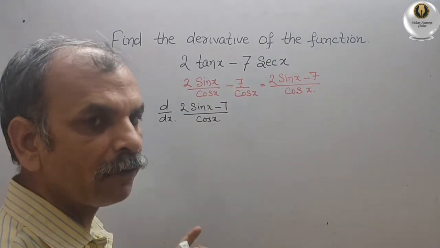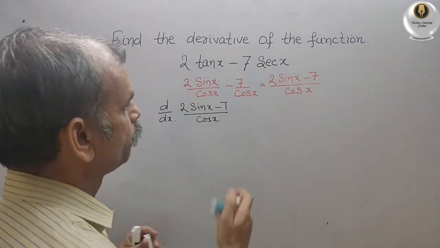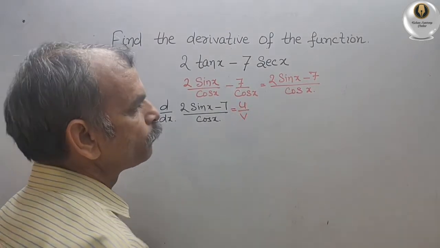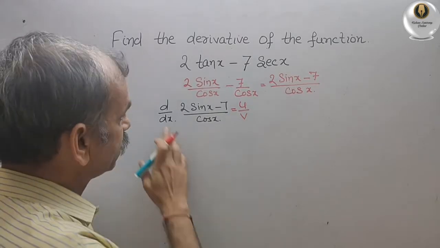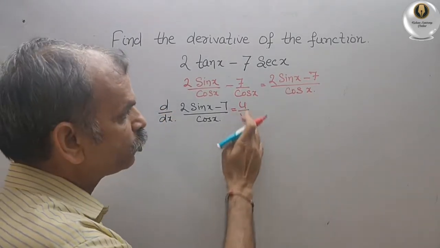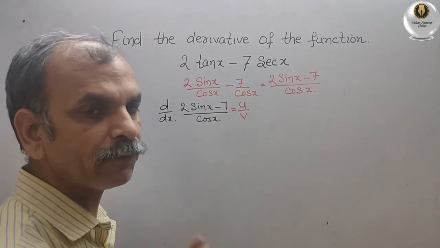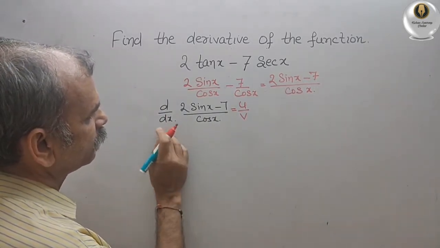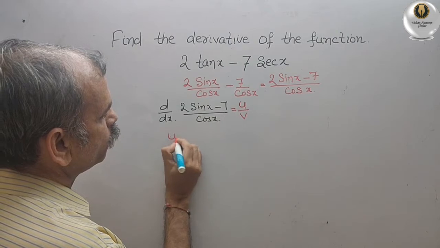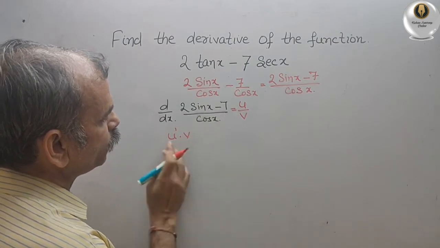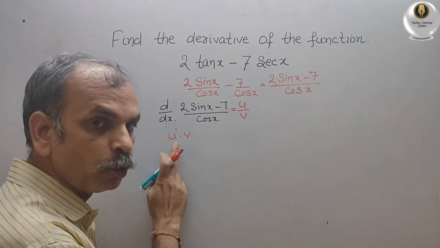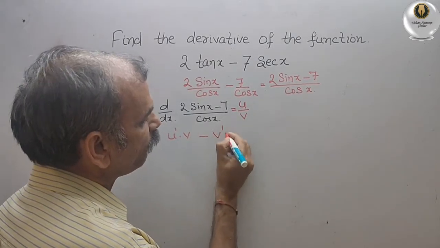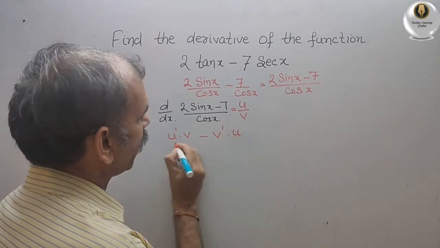We will assume our numerator as u and denominator as v. We know the derivative of u by v, we will write the formula for that. That is u dash into v, where u dash is the derivative of u, into v minus derivative of v into u, by v square.